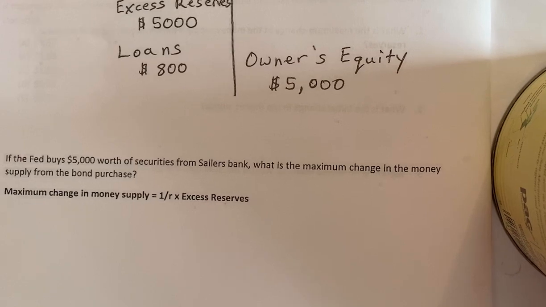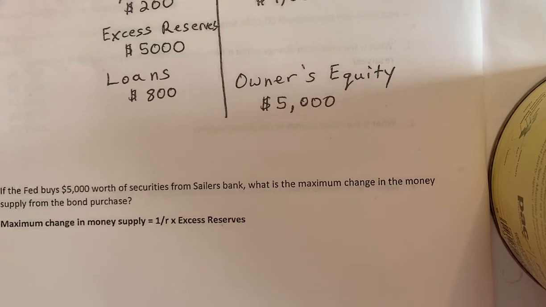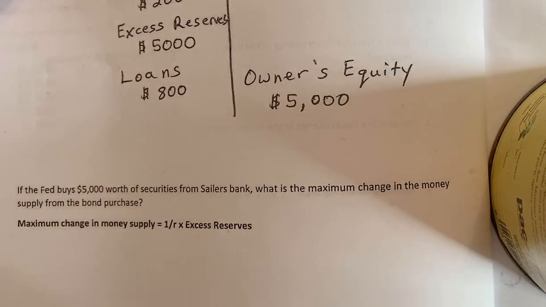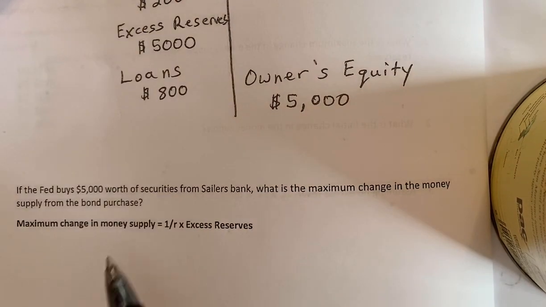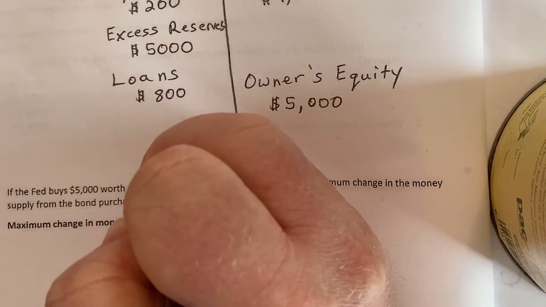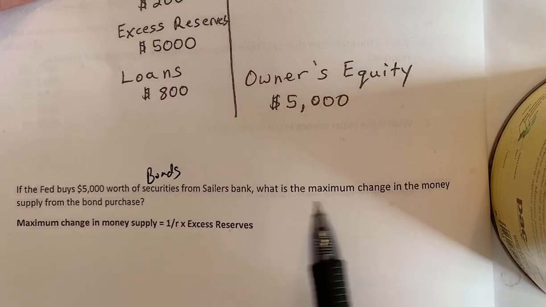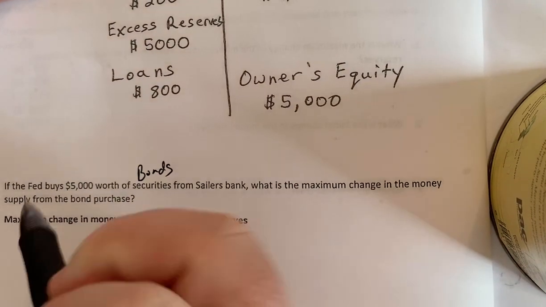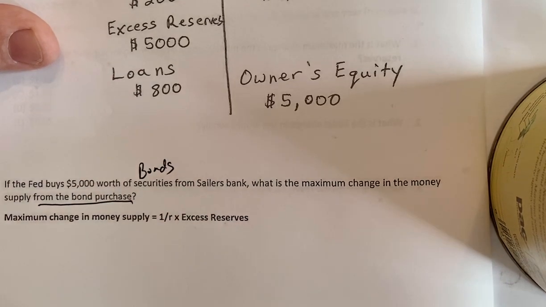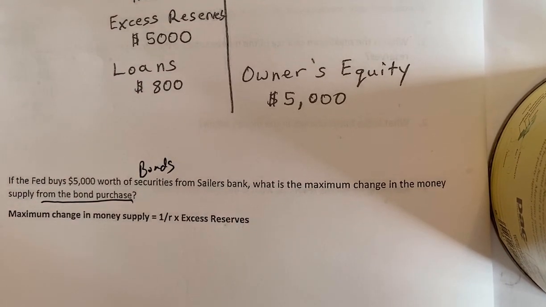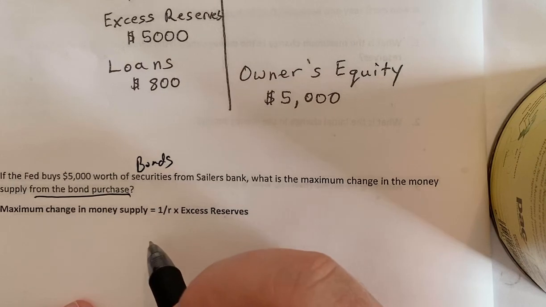So here's our question that we've seen before. If the Fed buys $5,000 worth of securities, remember securities is the same name as bonds, from Sailor's Bank, what is the maximum change in the money supply from the bond purchase? Just from that $5,000. So language is important here.